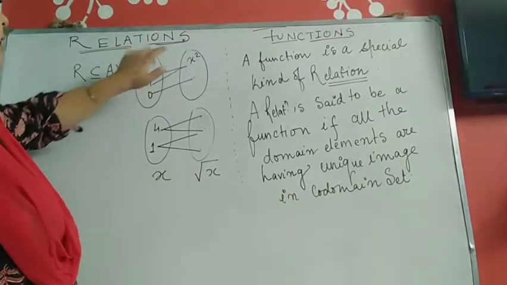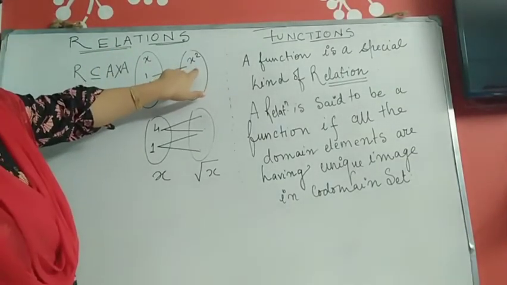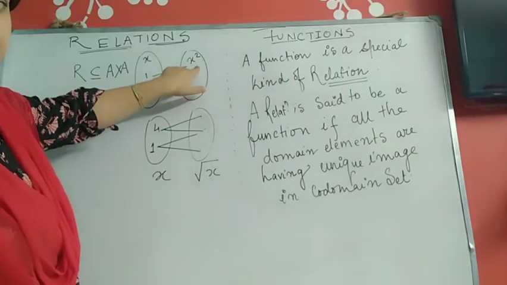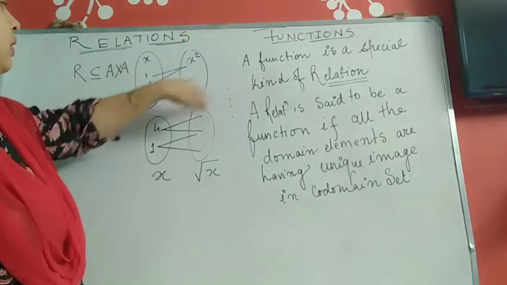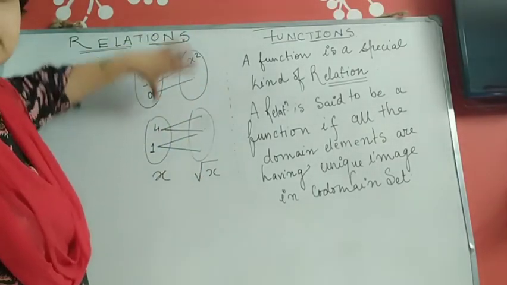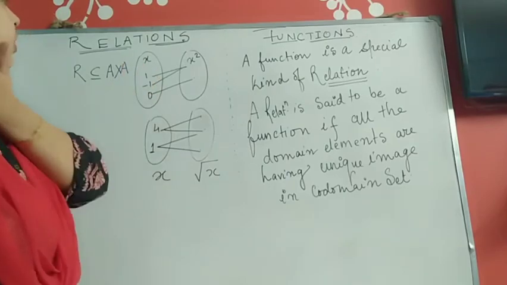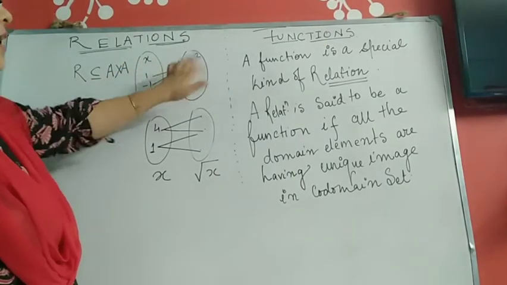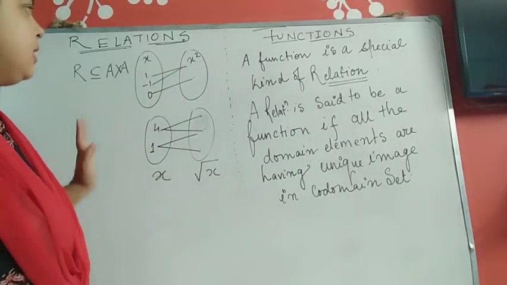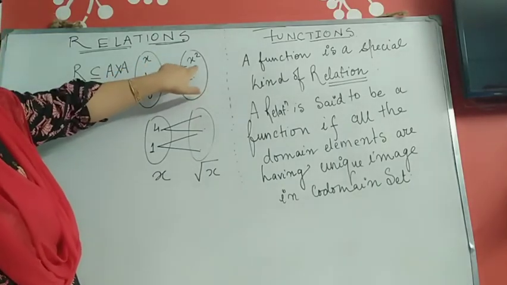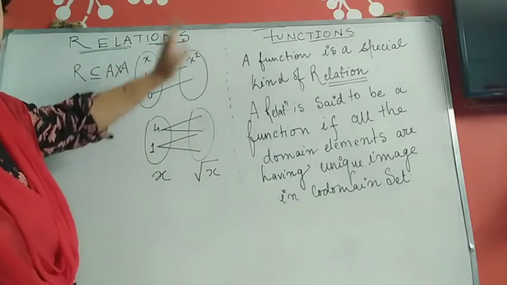Say this is x and the rule which is running here is x square. This is an arrow diagram, a mapping I have drawn between x and x square. So the rule here is x square. The square of a number will be situated in this part.